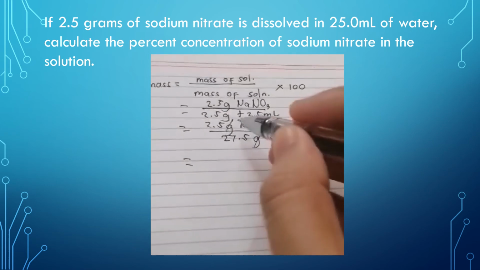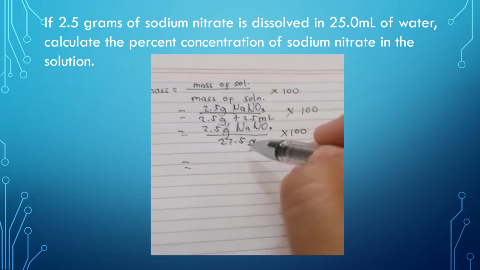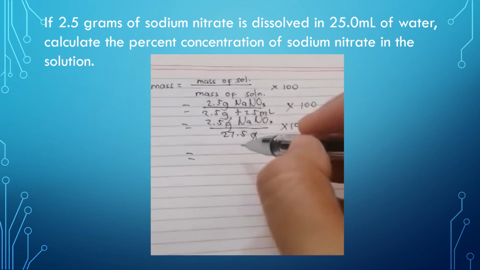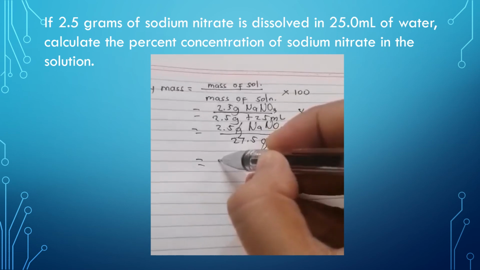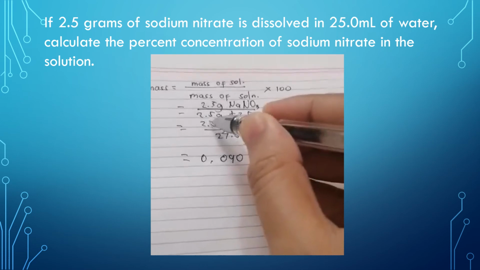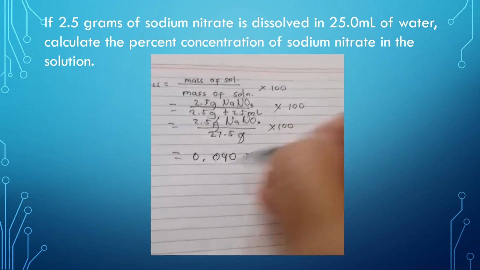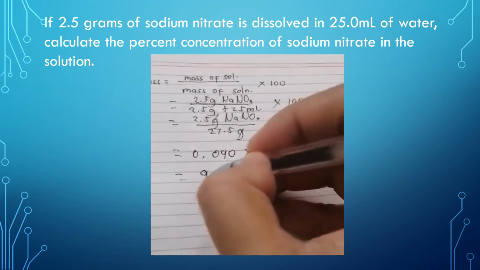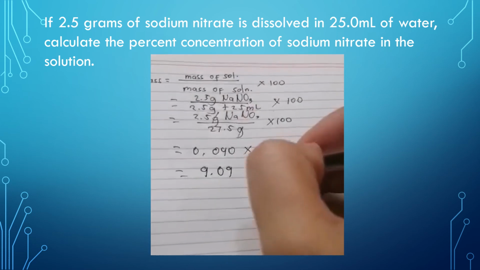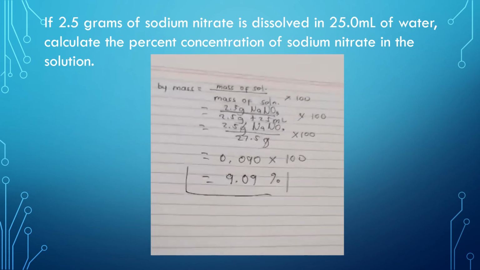So, again, 2.5 divided by 27.5 is 0.090, then times 100, the answer is 9.09%. So, this is our final answer for the example.